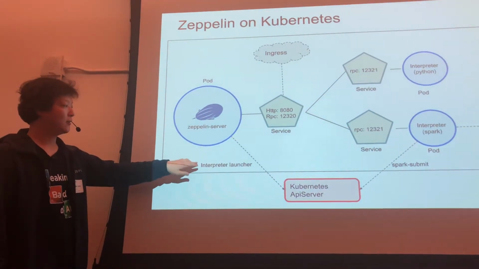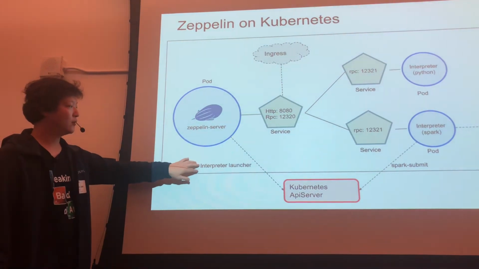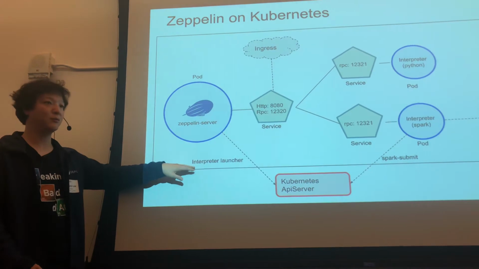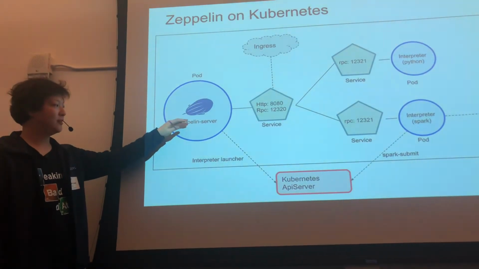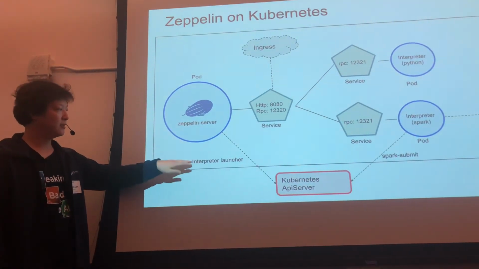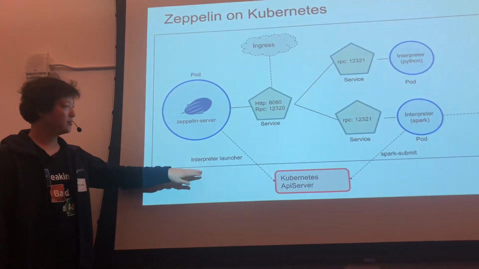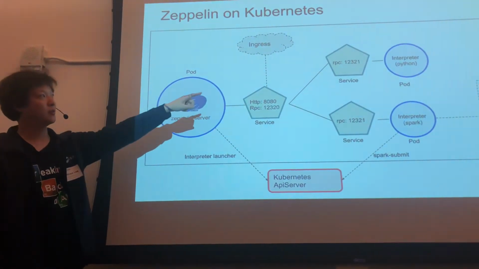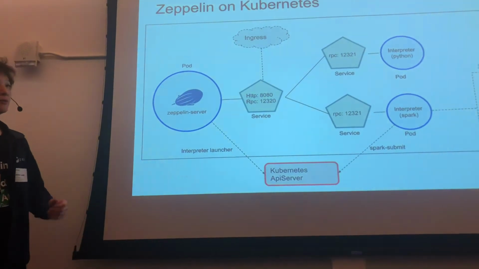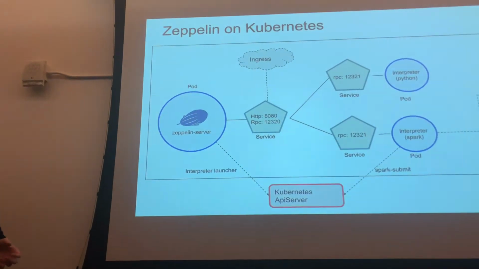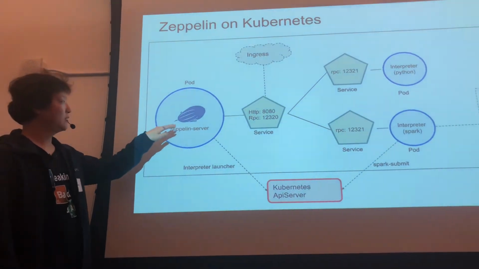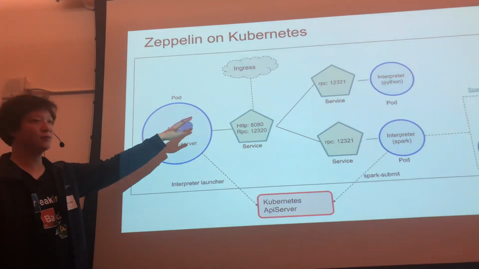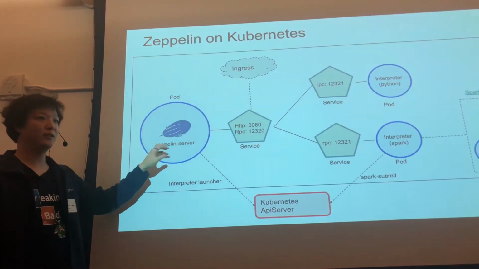But we need to create another interpreter launcher, which is a Kubernetes interpreter launcher. So when Zeppelin detects itself running inside Kubernetes, it uses the Kubernetes interpreter launcher instead of the regular one. So the interpreter is running as a pod inside of Kubernetes. So that's the basic idea. Communication between the Zeppelin server and the interpreter is through a Kubernetes service.